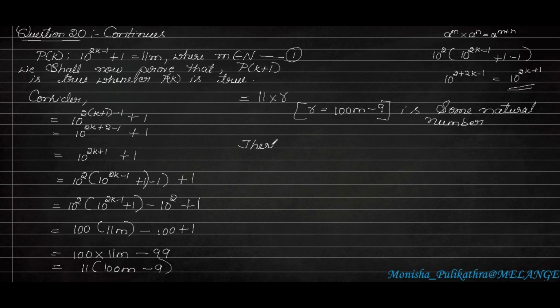Therefore 10 to the power of 2k plus 1 minus 1 plus 1 is divisible by 11. Thus P of k plus 1 is true whenever P of k is true.